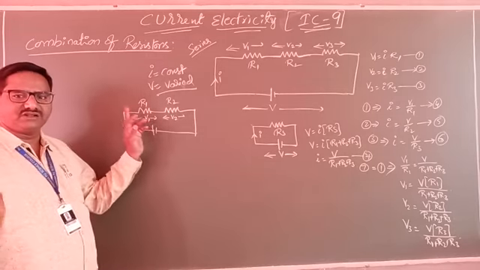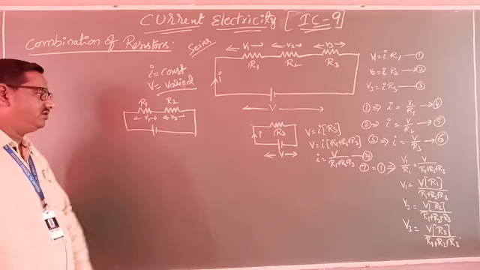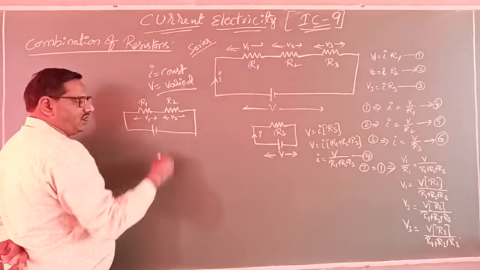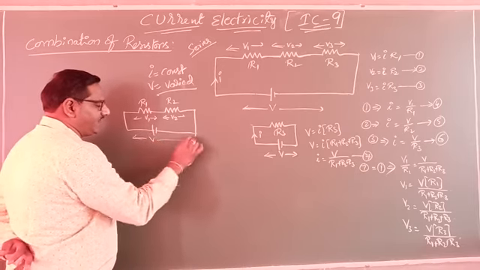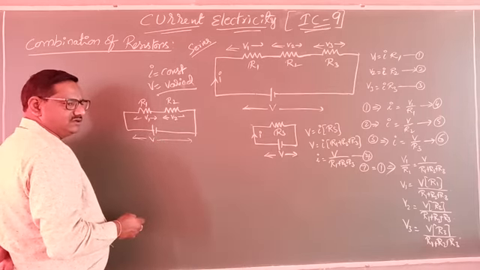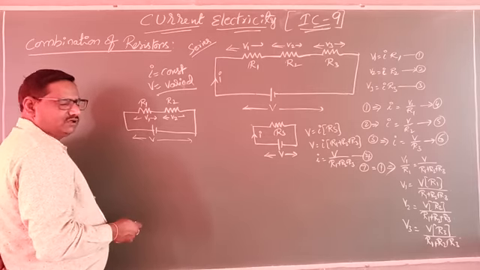So across the first resistor the potential will be V1. By using these, yesterday we directly measured the potential across. They will ask these questions directly in PU and objective questions in short form.